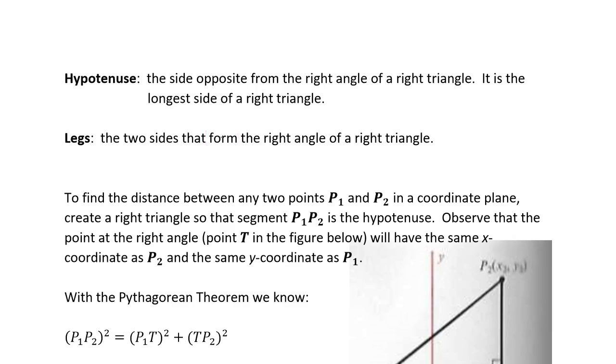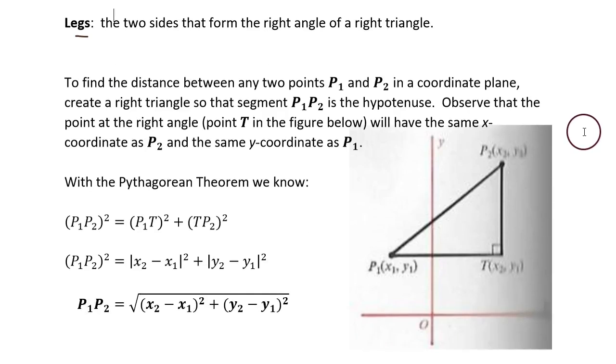On the next page of the notes, here's the definition of hypotenuse, here's the definition of legs. We just talked about that in that drawing. To find the distance between any 2 points, let's call them P1 and P2 in our discussion today, what you do is create a right triangle so that P1, P2 is the hypotenuse. And you see that in the drawing.